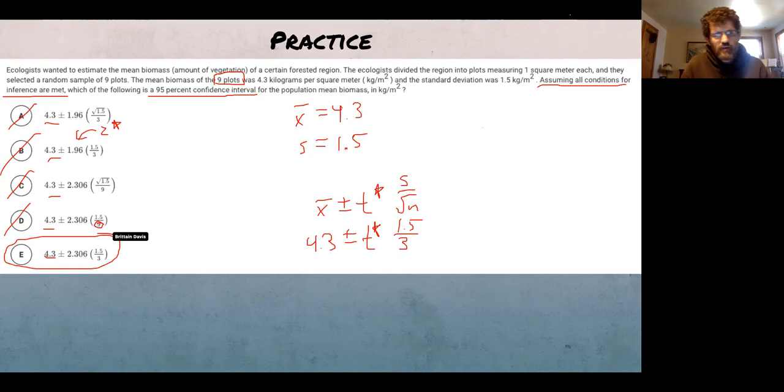But if we did go to the table and we looked at a degrees of freedom 8, which is 9 minus 1, for a confidence level of 95%, we would find that 2.306. Okay. So just to be safe rather than sorry, you would go back and double check that. Okay, that's about it here.